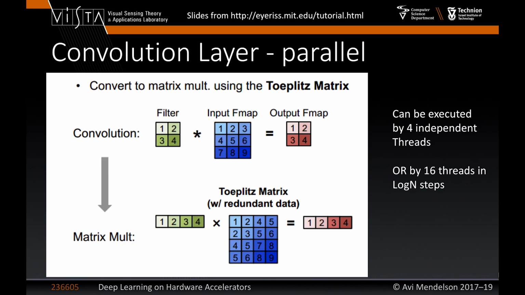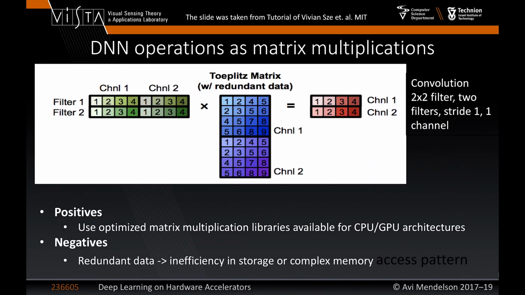We convert these nasty loops into a simple matrix multiplication, and we get the results. We can go further and also do it with channels, and now we just duplicate it. So this one is multiplied by that, and we get channel 1, channel 2, and we get the results.